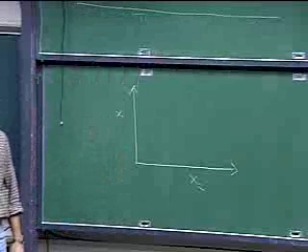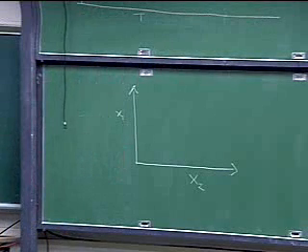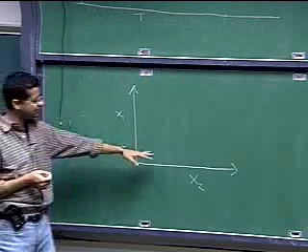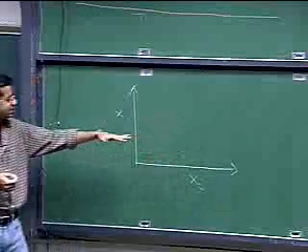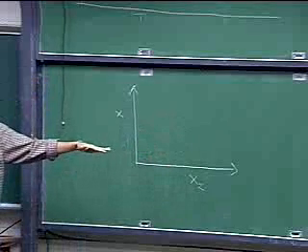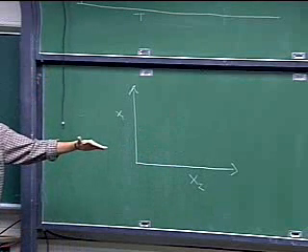In a fair allocation, let's say these two flows are competing for bandwidth on a link. In a fair allocation, x1 should be equal to x2, right?